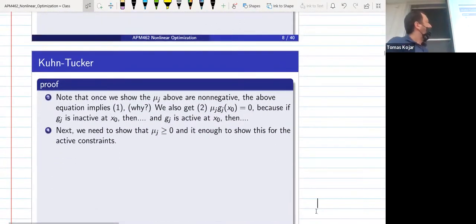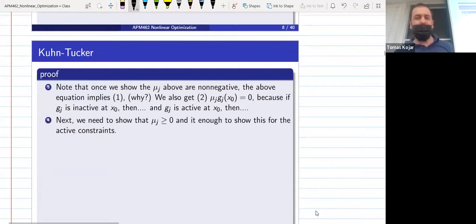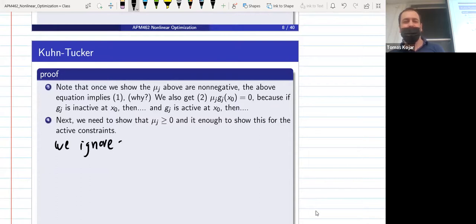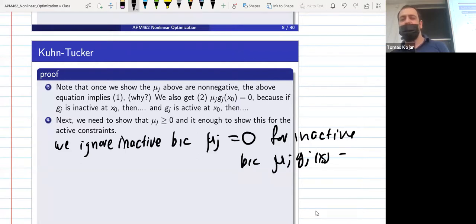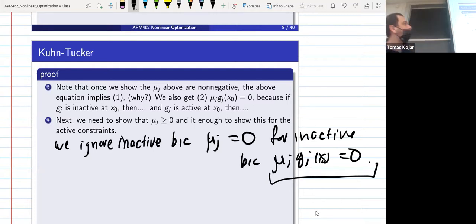Again, we ignore inactive constraints, because mu j is 0 for inactive. Why? Because of mu j G j x naught equaling 0.